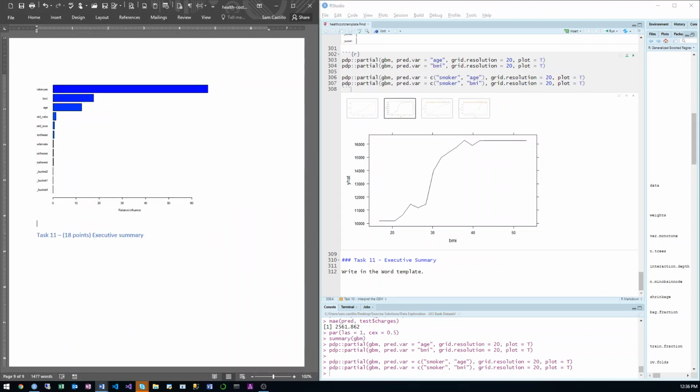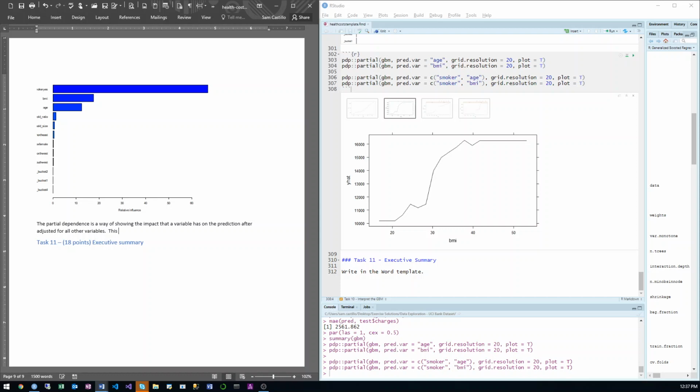That's a lot of words. I probably won't type all of this out. I'll just say the partial dependence is a way of showing the impact that a variable has on the prediction after adjusting for all other levels, all other variables.